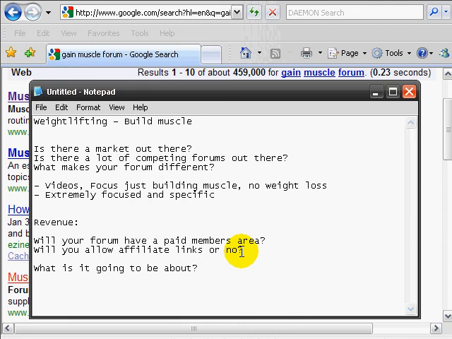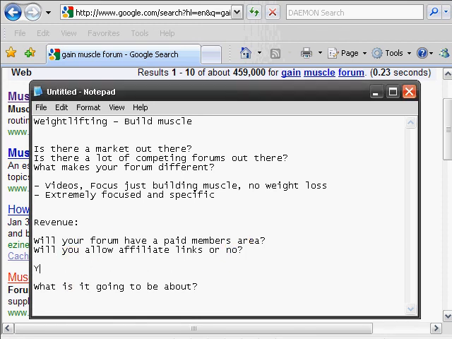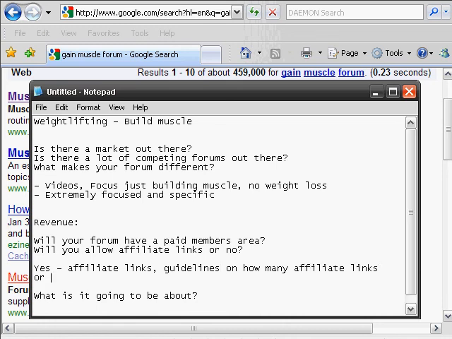So you do need some guidelines if you say yes to affiliate links. You might want to put some guidelines on how many affiliate links or how long their signature can be. So maybe 3 to 4 lines.